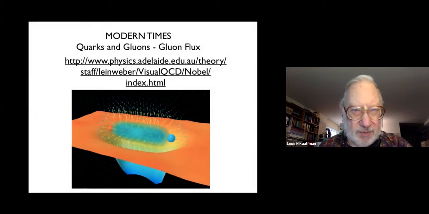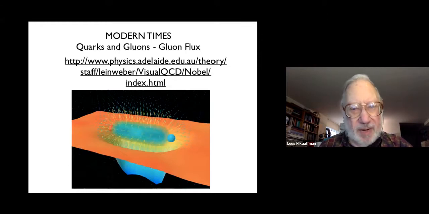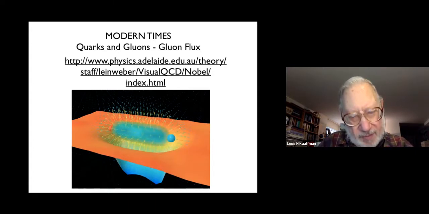Here is another viewpoint. We know that if you try to pull two quarks apart, then the strong gluon field appears between them, and it is stringy in the sense that it is mostly along a linear dimension, one dimension between them.